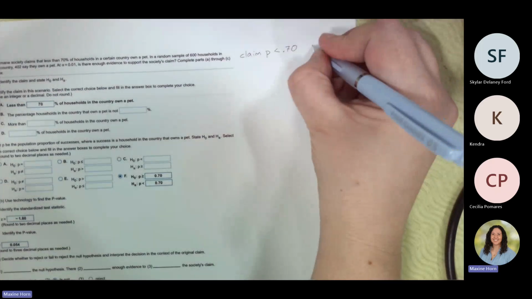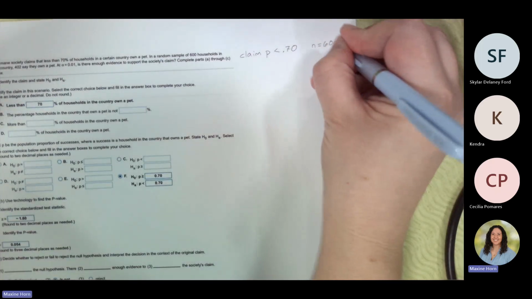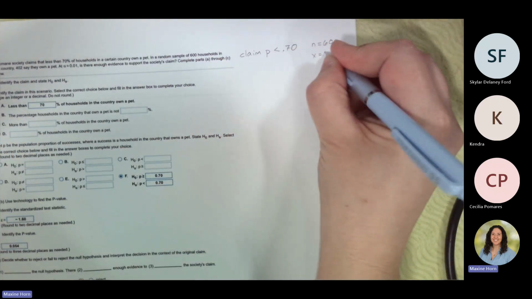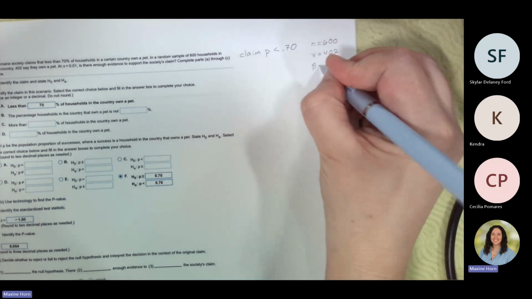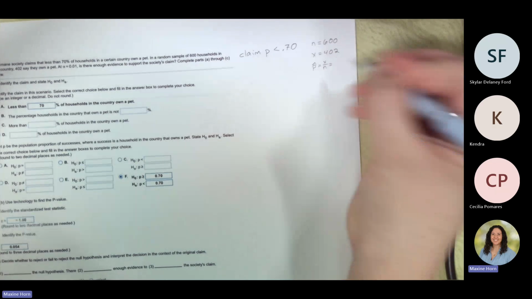In a random sample of 600 households in the country, 402 say they own a pet. Well, that's going to be our X value, right? So in a minute, we're going to find our p hat, which is X over N.